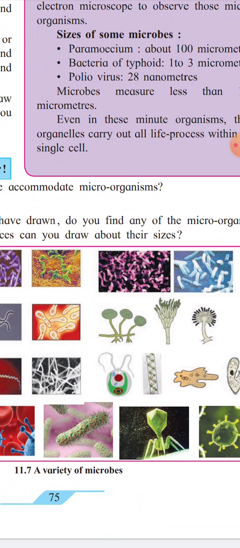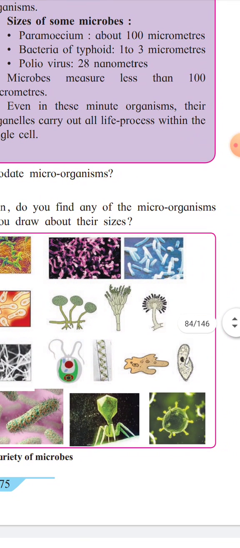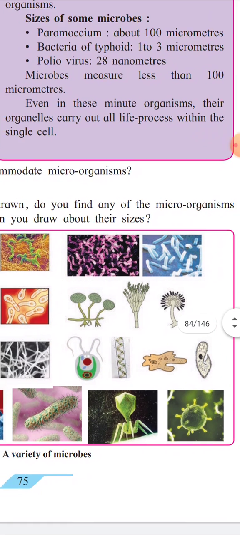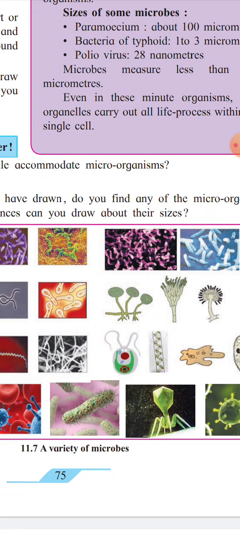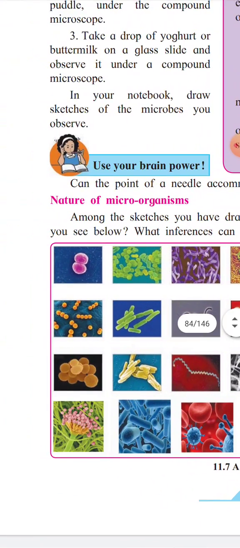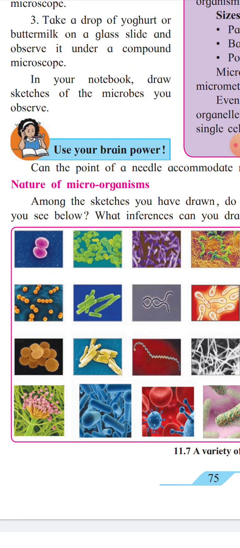See: paramecium, amoeba, mushroom, aspergillus, spirogyra, penicillium, euglena, bacteria, volvox, plasmodium, entamoeba, saccharomyces, chlorella. These are the various types of microorganisms found in various shapes. They are not in a single shape.